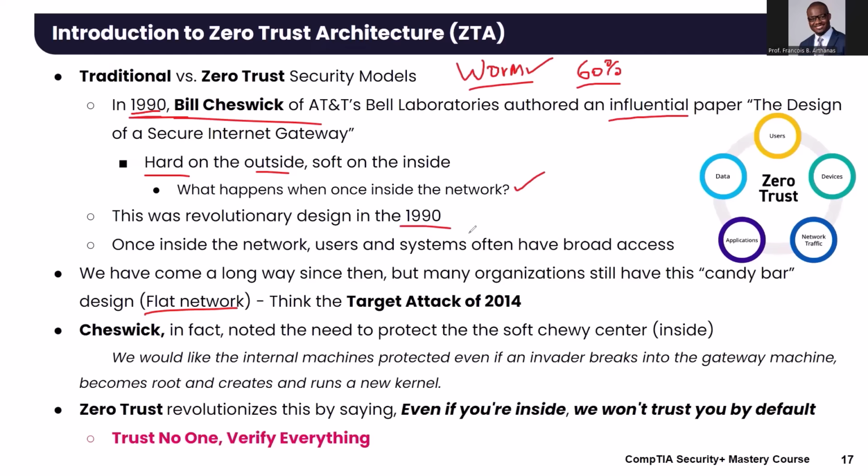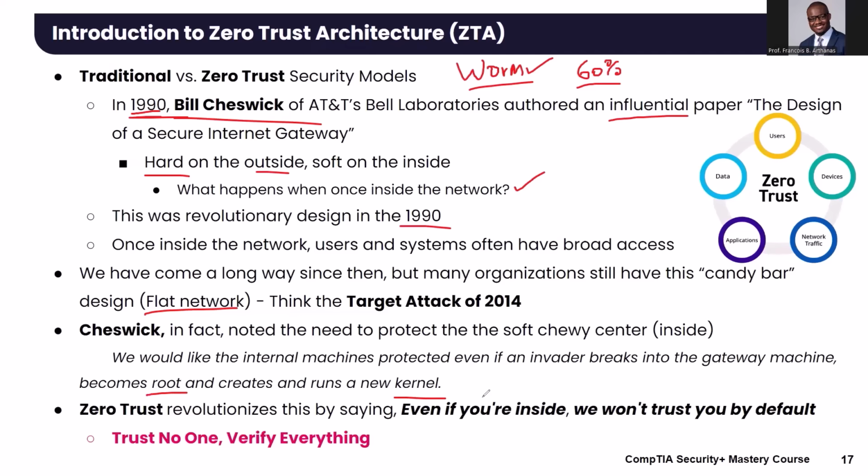It was revolutionary. So what Bill said was that we would like the internal machines to be protected, even if the invader breaks into the machines themselves, becomes root, meaning becomes the administrator, or creates and runs the kernel, the system that manages the computer. So that's really the idea behind zero trust.